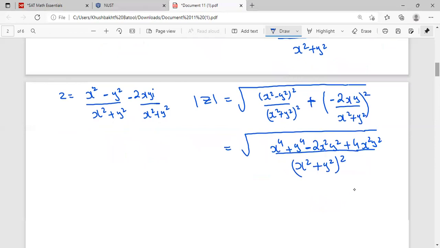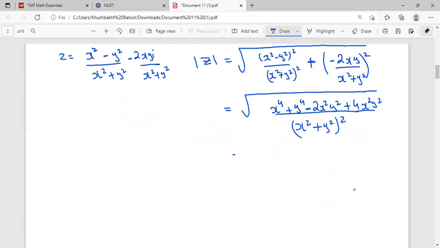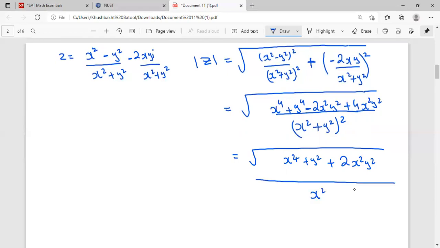Now I need to simplify it further. This equals under root x to the 4 plus y to the 4 plus 2x square y square. Why? Because this is minus 2, this is 4, so minus 2 plus 4 is 2, divided by x square plus y square only. I have the square here, so I can cancel it with my under root, only for the denominator, not for the numerator.